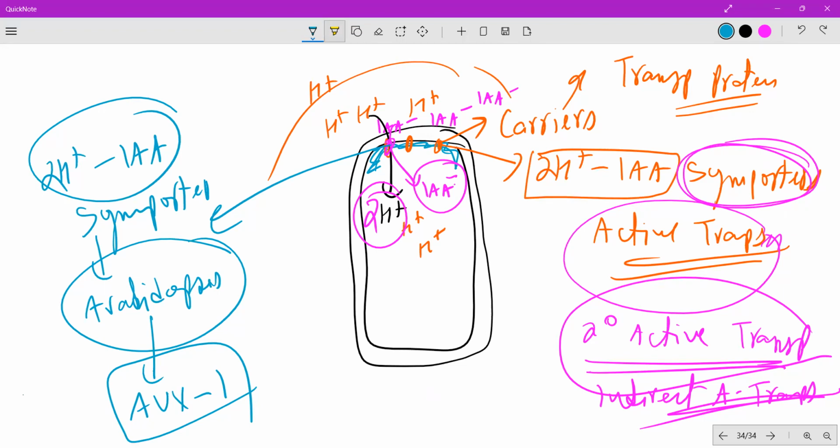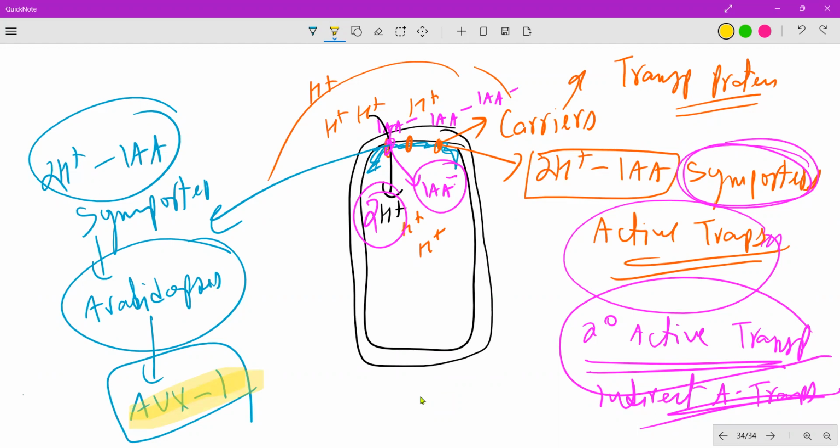And the answer is AUX1 proteins are involved. याद रखो, which proteins are involved in the influx of auxin? It is the AUX1 proteins. And what is the AUX1? It is nothing else. It is a 2-proton IAA symporter. It is a carrier protein. Am I clear with this?